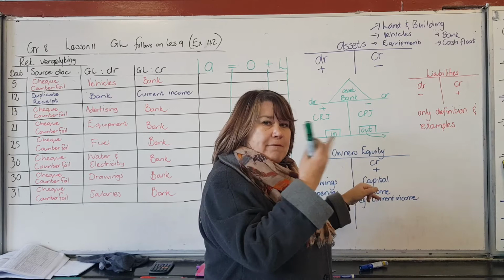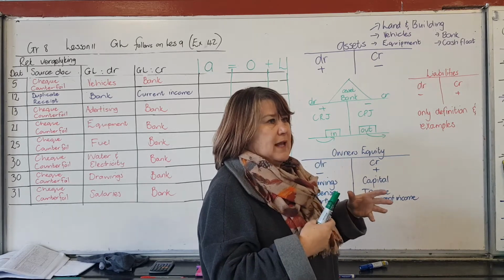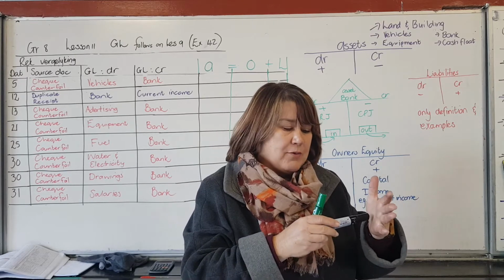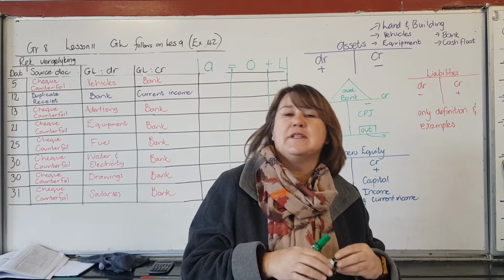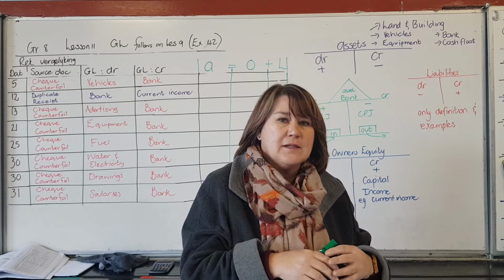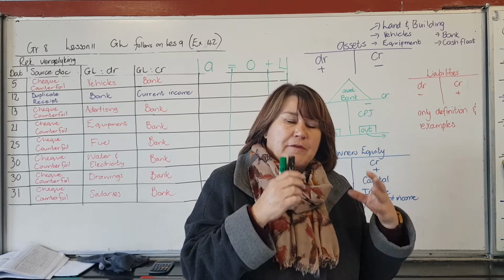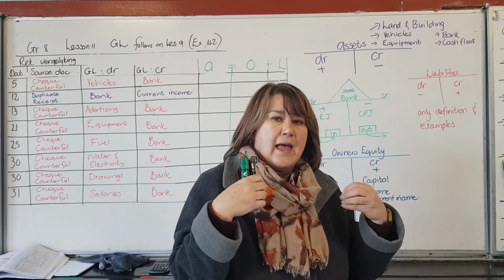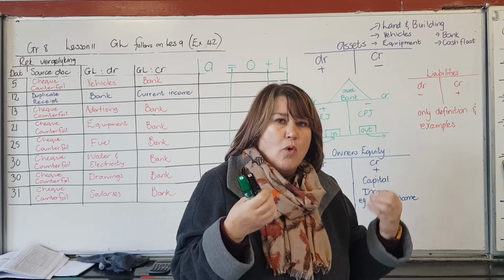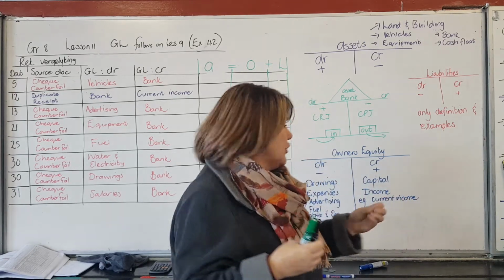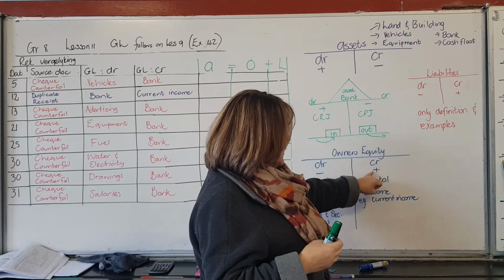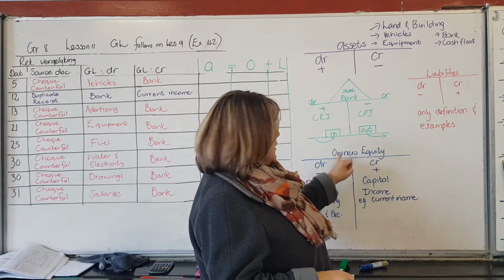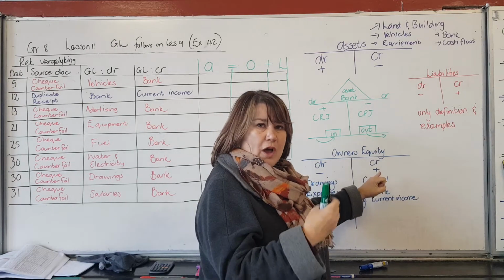The more you receive for, say, current income or your sales, if that's higher, your income will increase, and that means that you will make more profit. Alright, so your income increases your profit, and the profit is owner's equity, belongs to the owner.